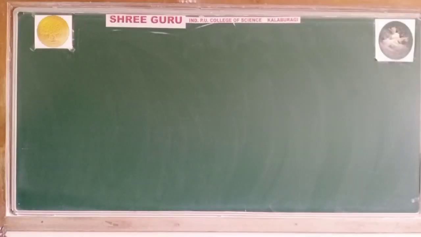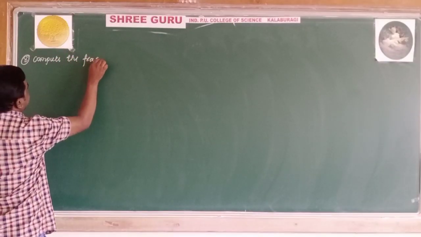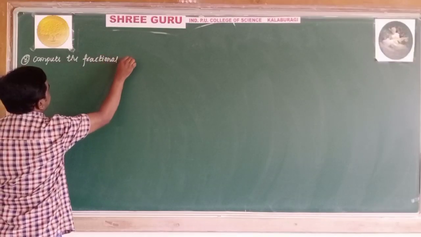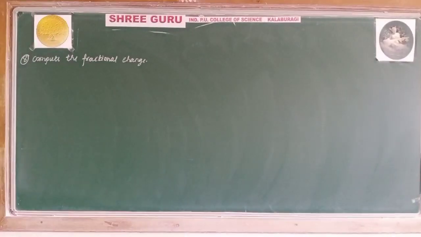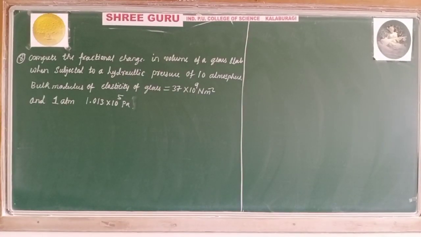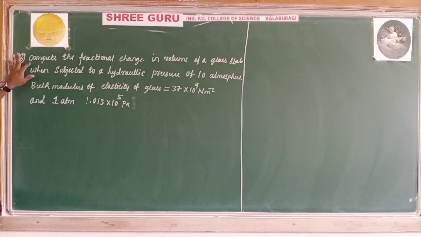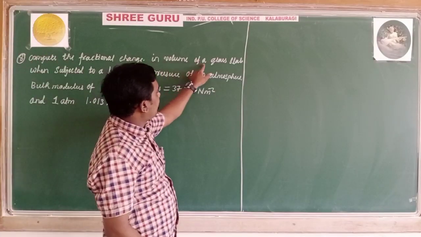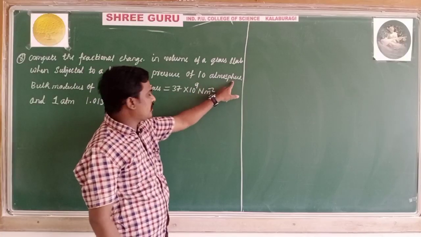Okay, next question. Question number 8. Compute the fractional change in volume of a glass slab when subjected to a hydraulic pressure of 100 atmosphere.